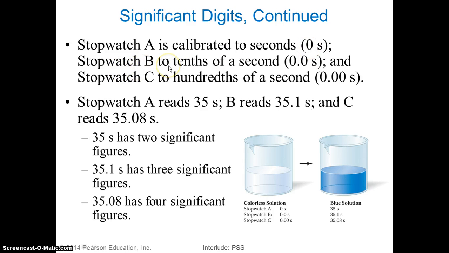Stopwatch B to tenths of a second, which is 0.0 seconds, and stopwatch C to hundredths of a second, 0.00 seconds. Now we start recording this reaction, a colorless solution converting to a blue solution, and we measure with stopwatches A, B and C. Stopwatch A measures 35 seconds, stopwatch B measures 35.1 seconds, and stopwatch C measures 35.08 seconds.